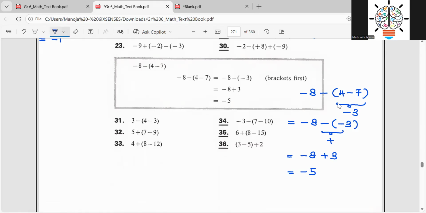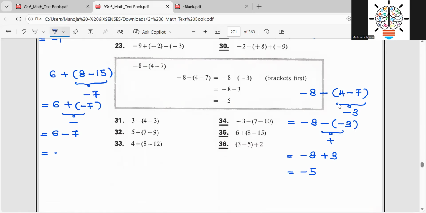I'll take question number 35. You just see 6 plus 8 minus 15. Right? 8 minus 15, what is the answer, children? It is -7. Then you want to rewrite this. 6 plus -7. Then positive and negative, what is the answer? It is negative. So then you write 6 minus 7.